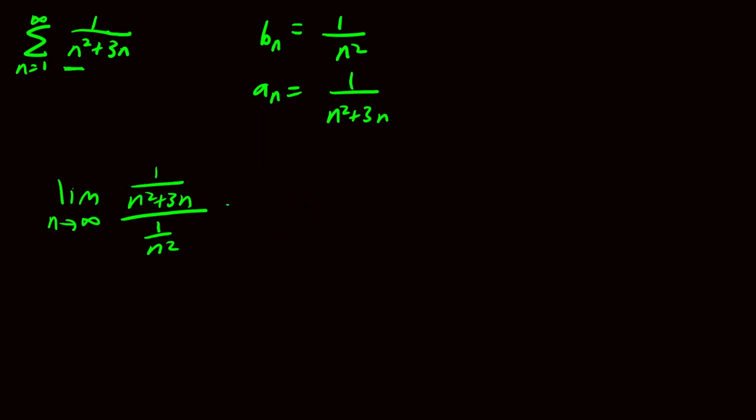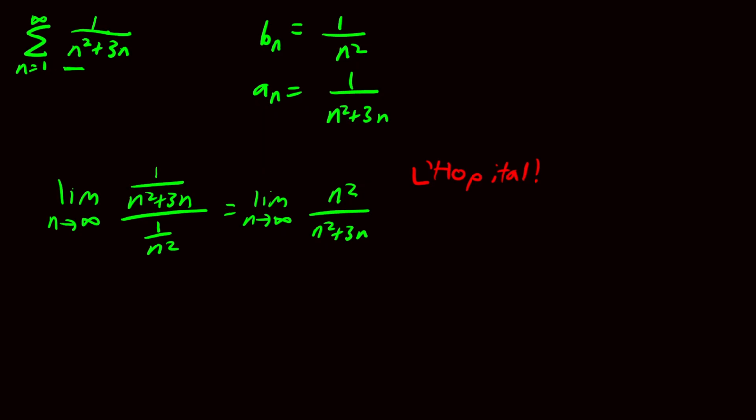Don't ever forget the limit sign. Limit as n goes to infinity of n squared over n squared plus 3n. And now we can use however you like to solve limits. Well, if we plug infinity into the denominator and the numerator, we get infinity over infinity. That gives us the green light for L'Hopital.